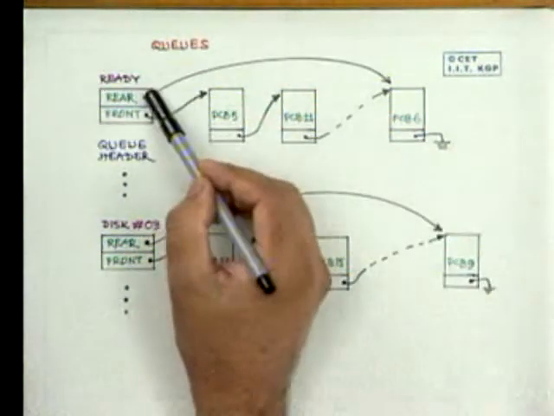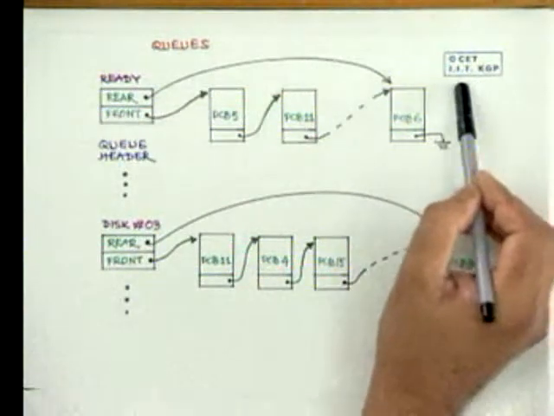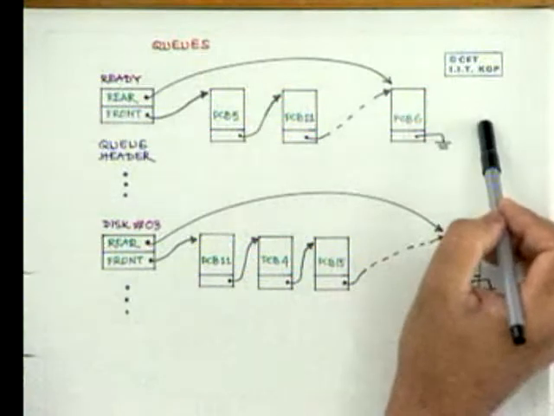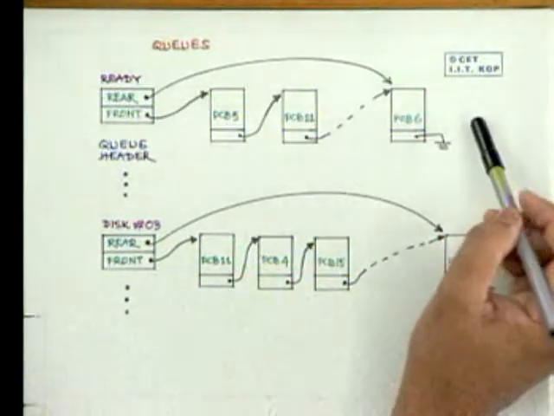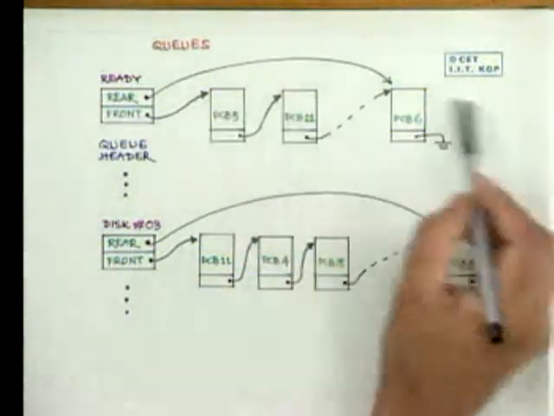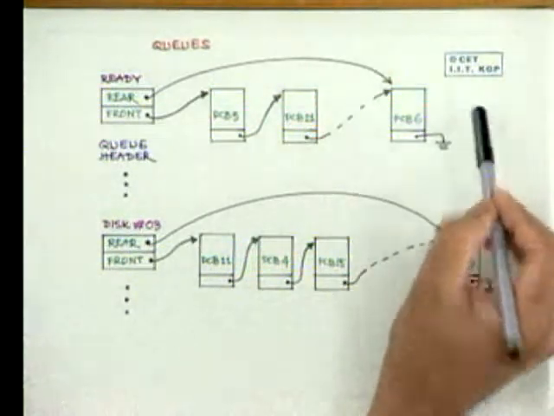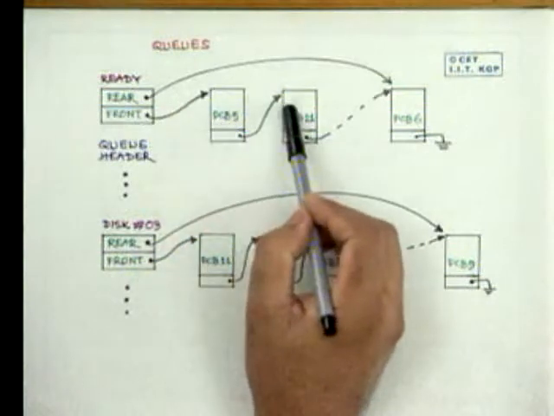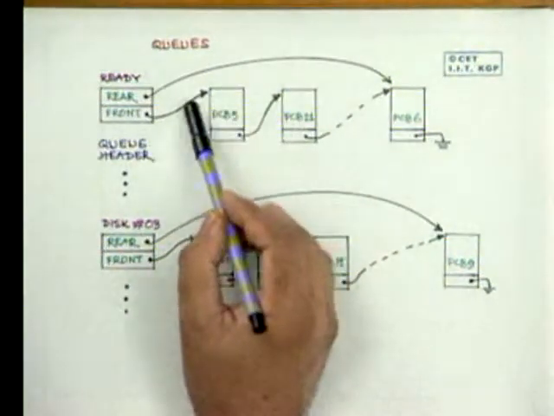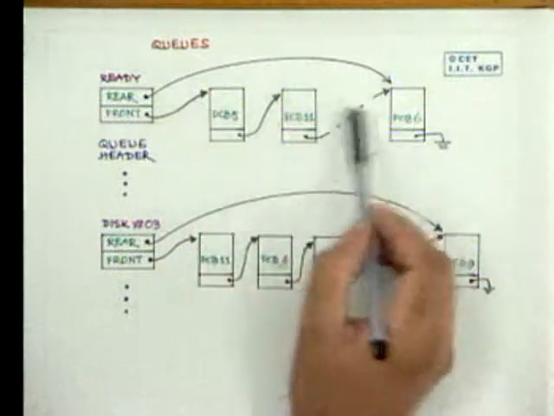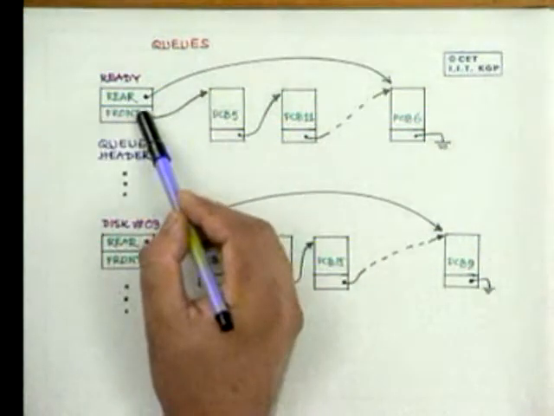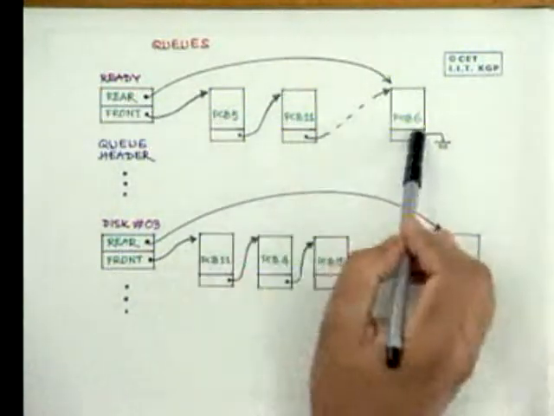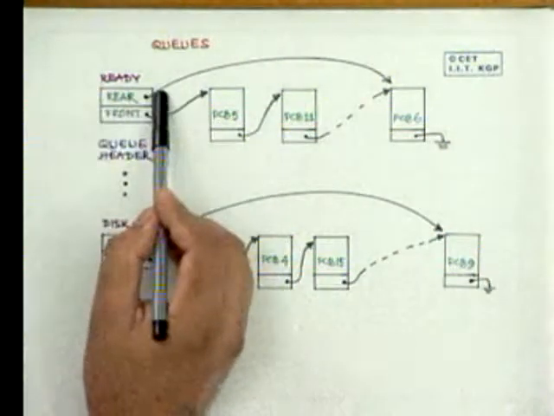Therefore, the rear points to the rear of the linked list, where any new process that comes into the ready queue is linked. So this essentially is a linked list realization of the queue. We have a front pointer, we have a rear pointer, and all the PCBs are linked. This is a queue header.